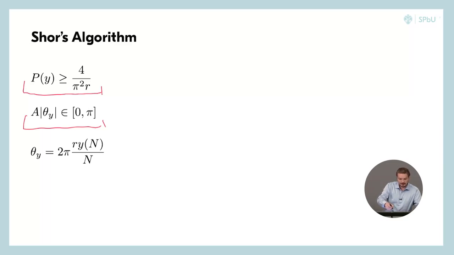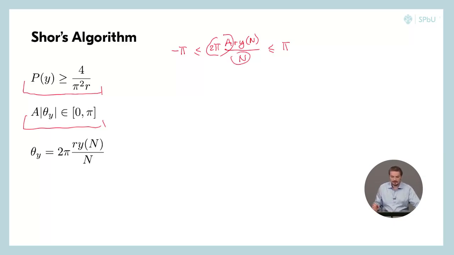So, for y to be good, we need r y modulo n divided by n to be less or equal than pi and greater or equal than minus pi. And we are going to divide everything in this double inequality by 2 pi a, and multiply by n.